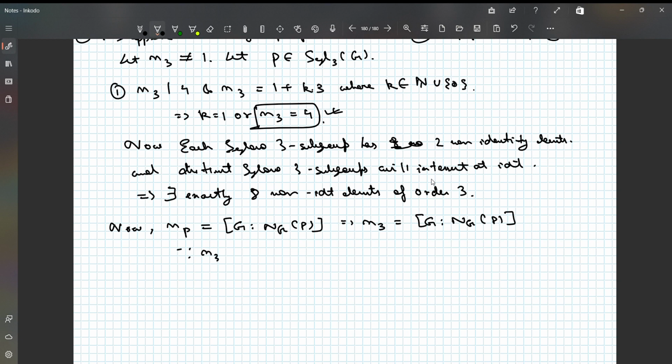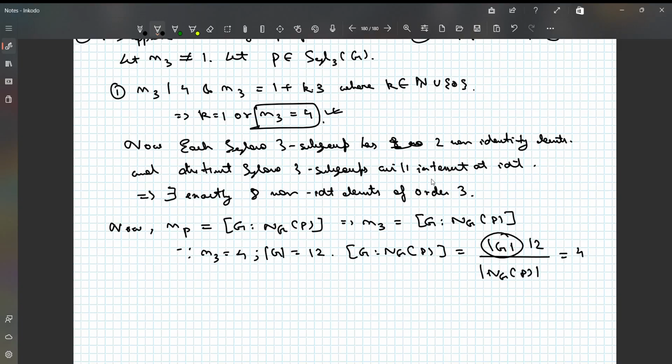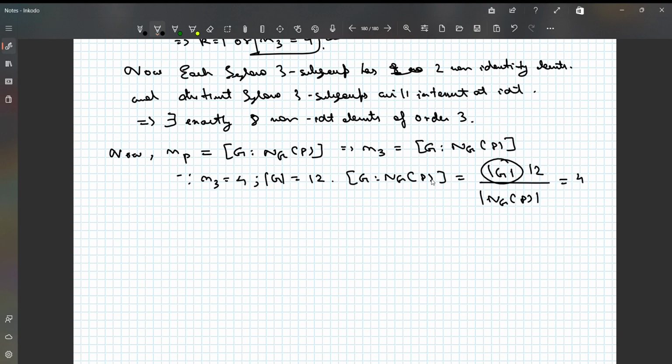Now N3 has value 4, G has order 12, and the index of the normalizer of P in G by Lagrange's theorem is nothing but the order of G divided by the order of the normalizer of P. But since this equals N3, it must be equal to 4. Now this has value 12, then what is the only possibility for the order of the normalizer of P in G? So it must be 3.